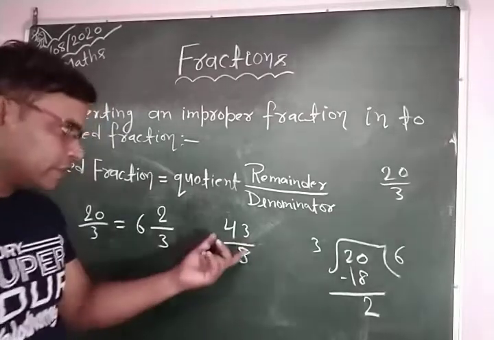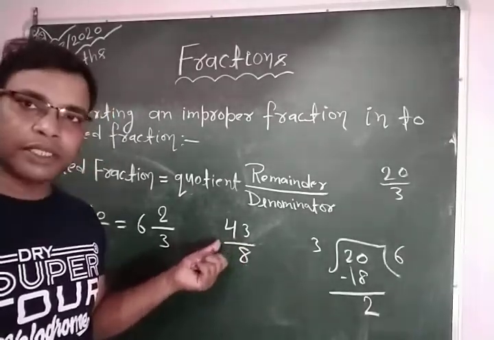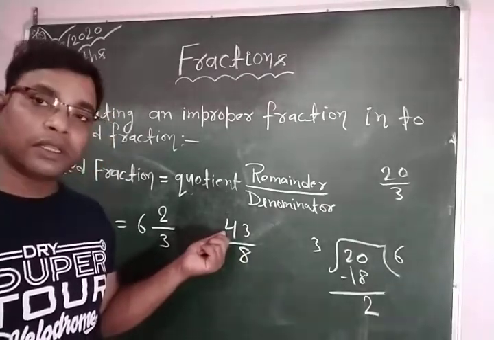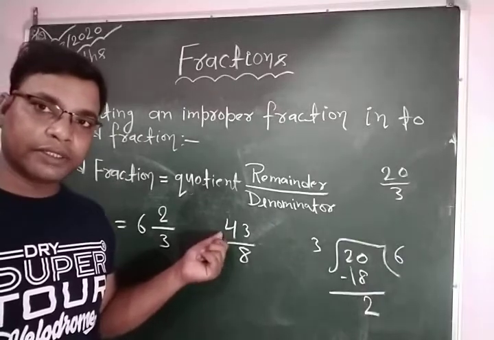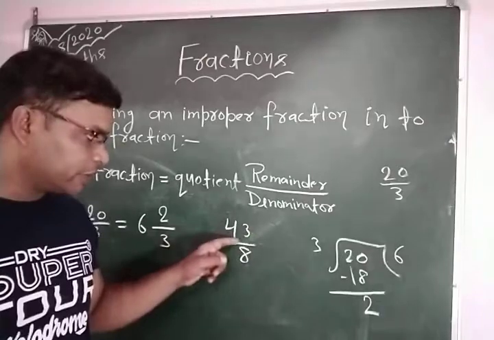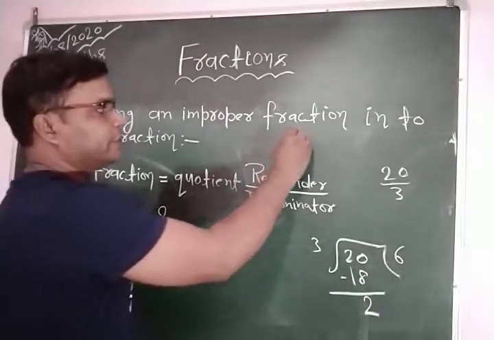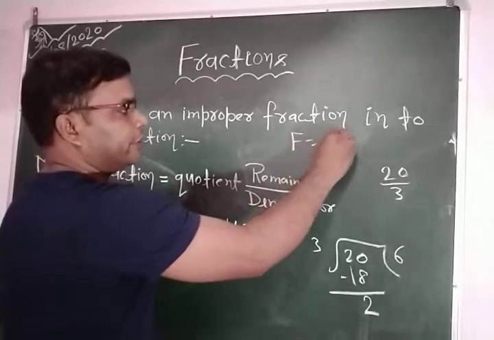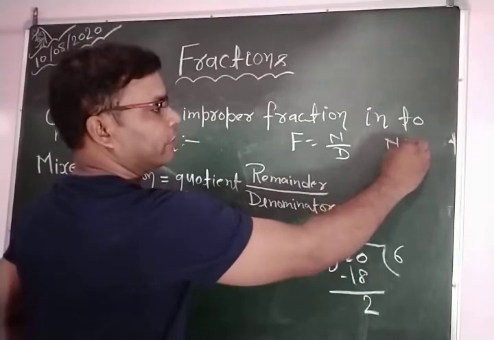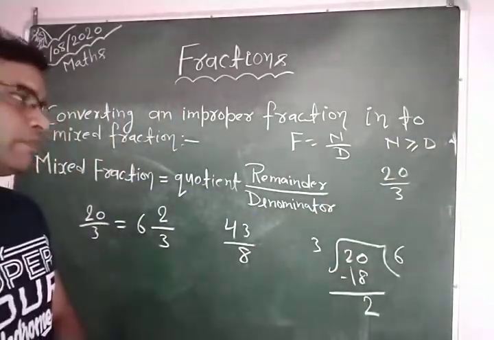You can say this is an improper fraction. Why? Because here you can see the numerator is greater than denominator. Numerator is 43 and denominator is 8. Fraction is equal to numerator by denominator. When numerator is greater than or equal to denominator, then you can say this is an improper fraction.